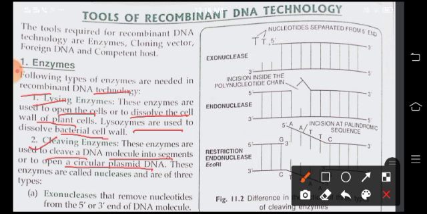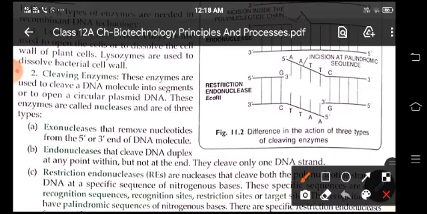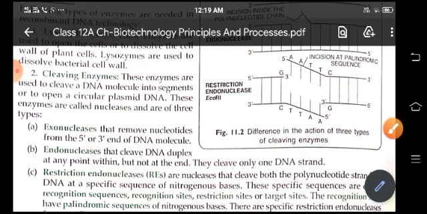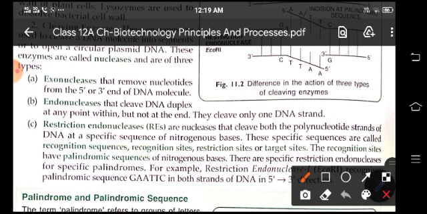Now these enzymes are called nucleases and they are of three types: exonucleases, endonucleases, and restriction endonucleases. Exonucleases remove the nucleotides from the 5' or 3' end of a DNA molecule. Endonucleases cleave the DNA duplex at any point within but not at the end, and they cleave only one DNA strand.